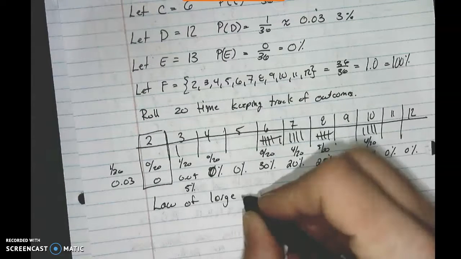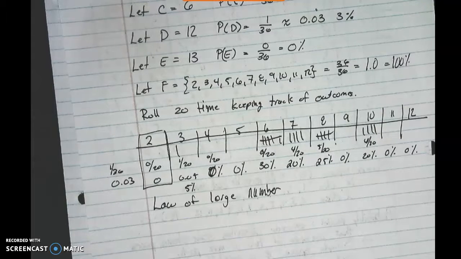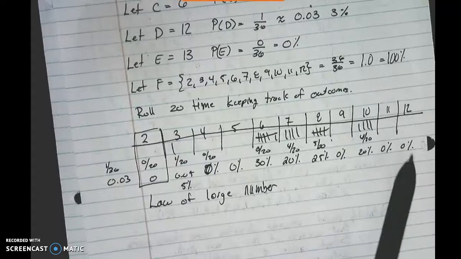This is the law of large numbers. Rolling dice is a great example of why you have to have a large set of outcomes. Even though I'm rolling 20 times, you think that's going to be enough because that's a lot of work, in air quotes.